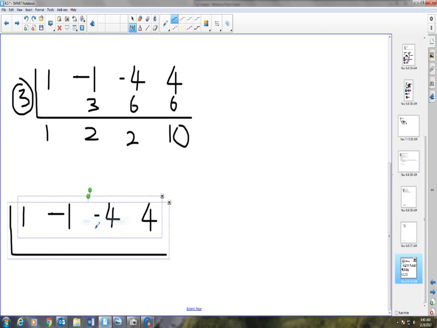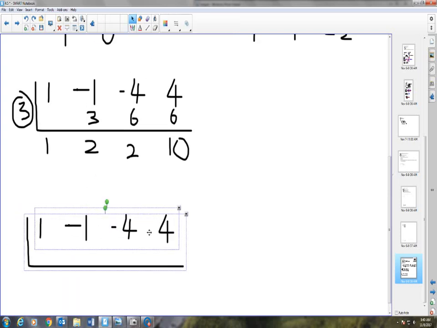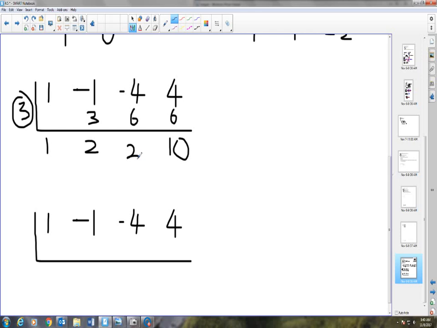Alright, so for the lower bound, the wording for the homework is the greatest lower bound. So I'm going one place to the left of the origin. The first integer is negative 1. If I bring it down, negative 1 times 1 is negative 1. If I add them up, it's negative 2.